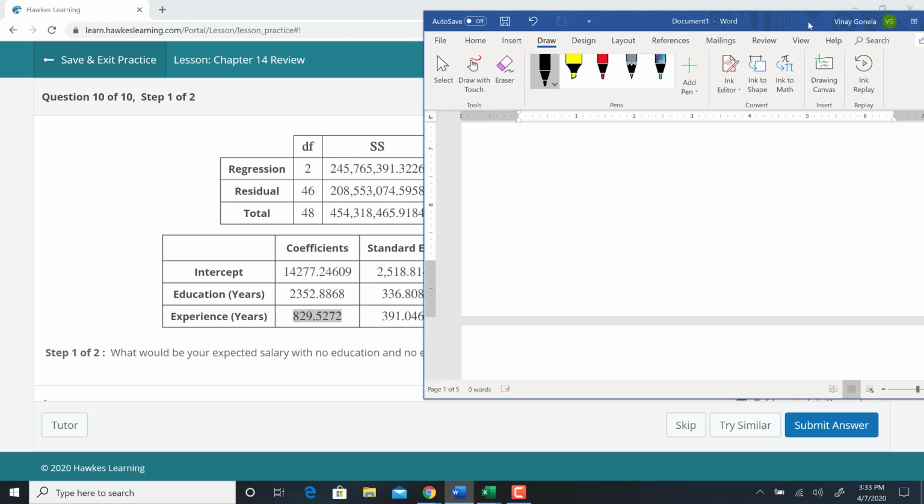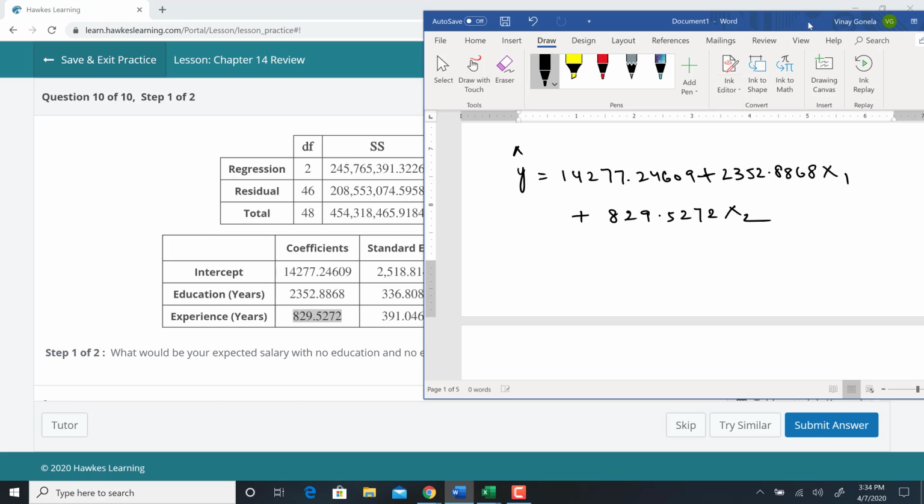So the equation would be y hat equals 14277.24609 plus 2352.8868 x1 plus 829.5272 x2.